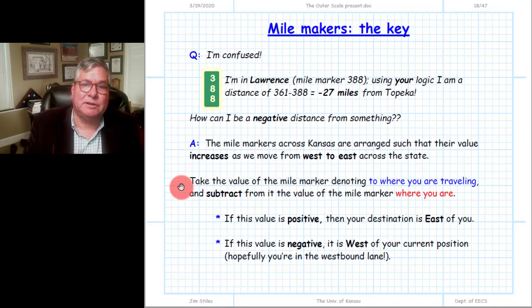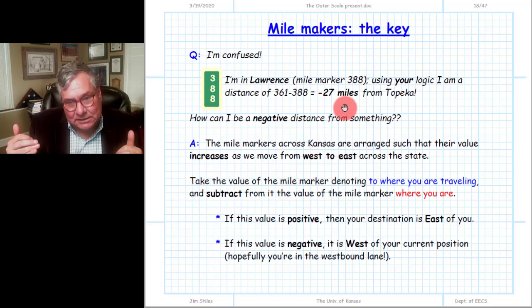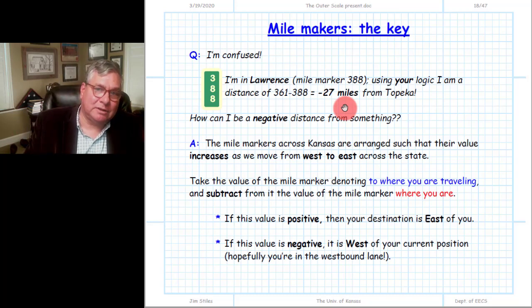But if it turns out it is negative, what it is saying is you need to move that distance back westwardly, in the opposite direction of the increasing mile markers.